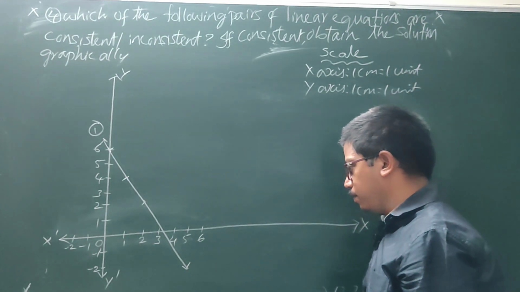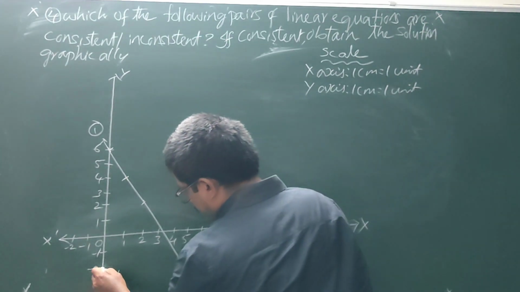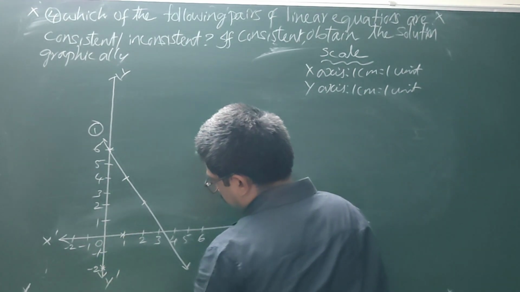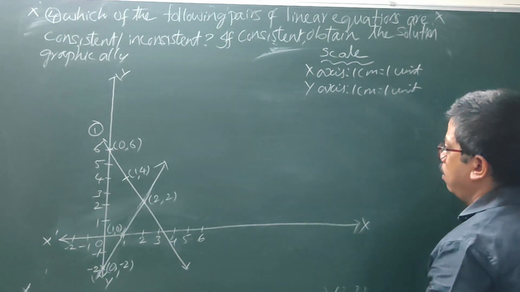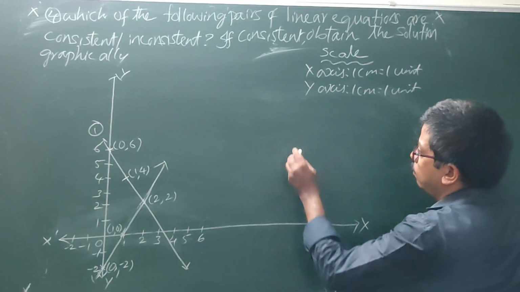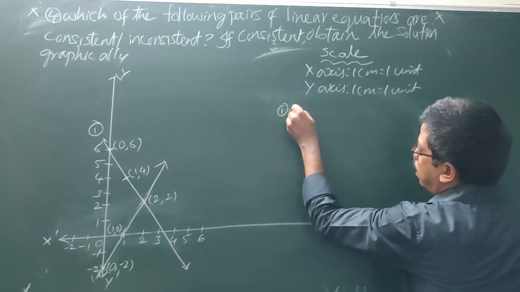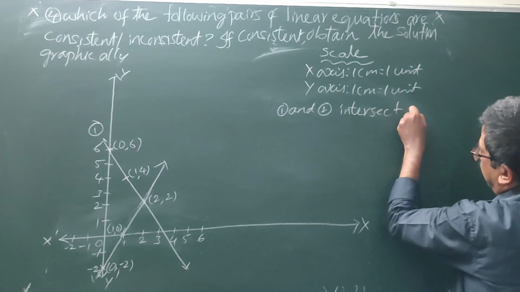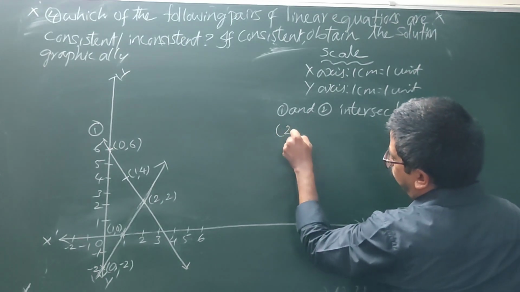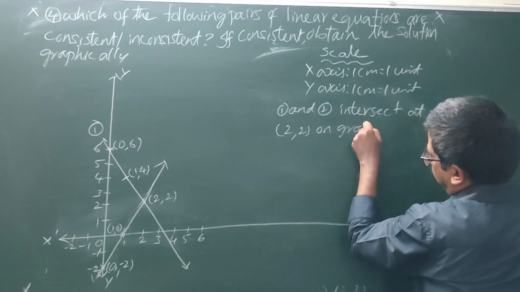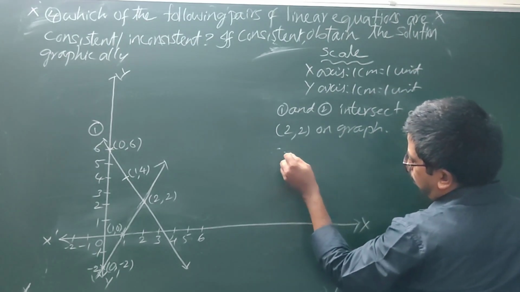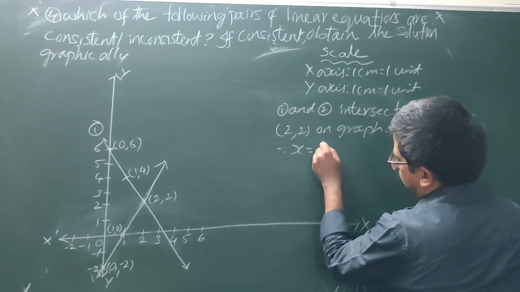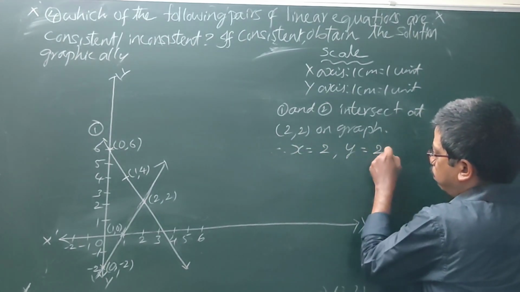Next for the second one, for 0 we got minus 2, for 1 we got 0, for 2 we got 2. What is the conclusion? Lines 1 and 2 intersect at 2 comma 2 on graph. Therefore the answers are x equal to 2, y equal to 2.